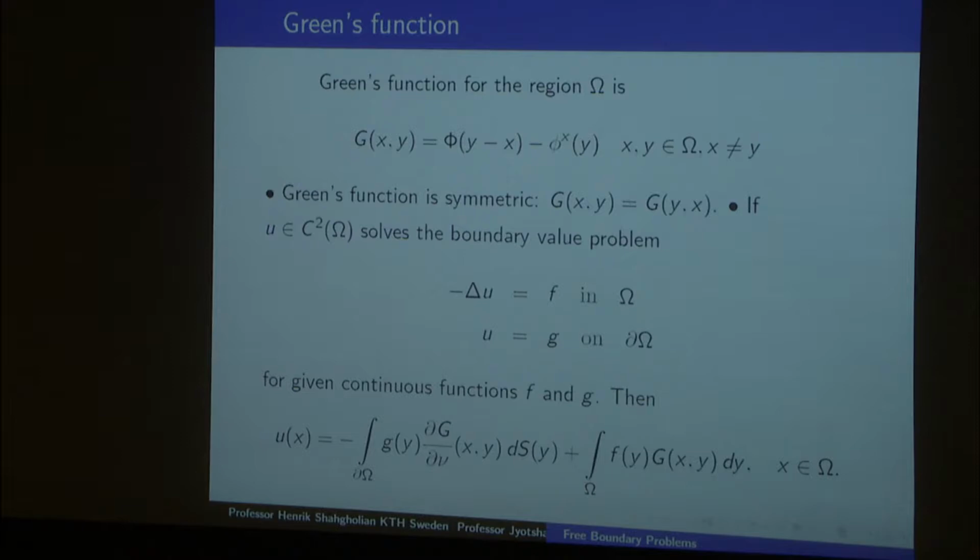This is just obtained by Green's theorem, integration by parts, and you get this particular equality. So this is what he has used several times to represent the solution. Till now he did not really give existence. You were just trying to say that if the solution exists, one could write it in this particular form.